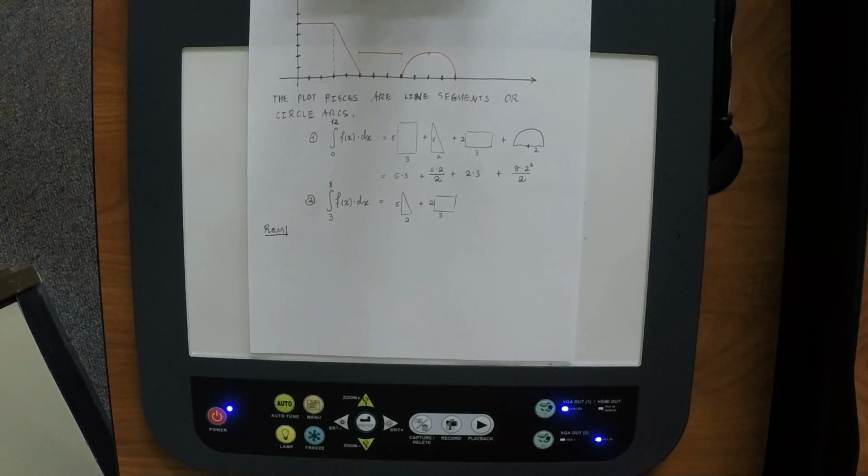Now, that's a little bit disturbing for first-year calculus students to take in, that something could have a negative area. But I hope to convince you in the next 2 or 3 minutes that that's a perfectly reasonable thing.